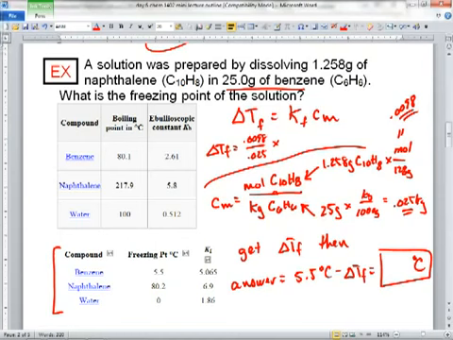My Kf is going to... You see it? Yeah. Is it the 5.065 or the 6.9? Because it's naphthalene. It's the 5.065 because it's the solvent.